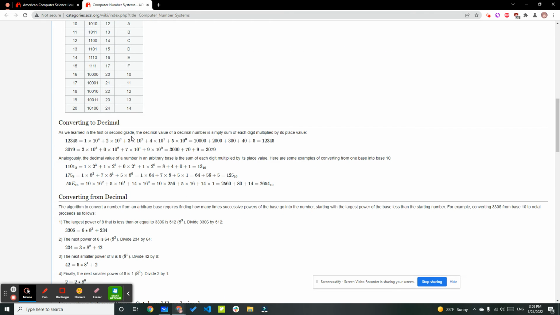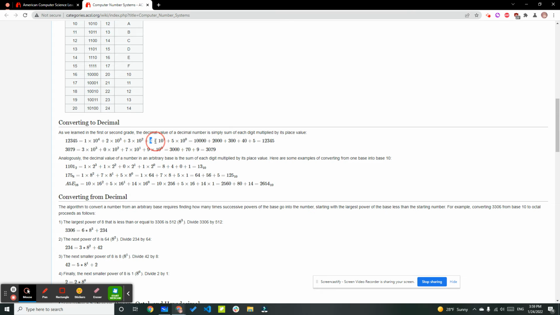Now, converting to decimal. As you learned in elementary school, the decimal value of a decimal number is a sum of each digit. This is 1 times 10 to the power 4, so that's 10,000. 2 times 10 to the power 3 is 2,000. 3 times 10 to the power 2 is 300.